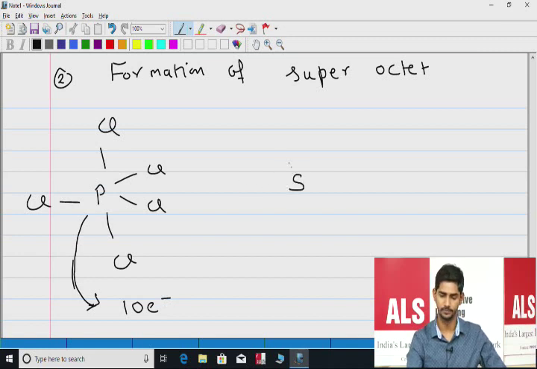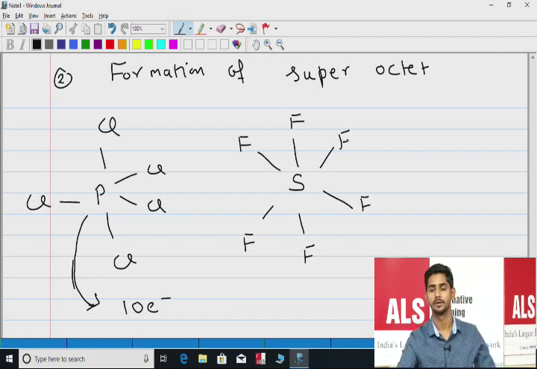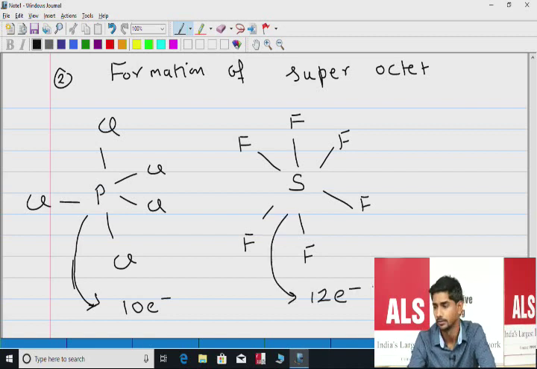Let's check out this one. Tell me, how many electrons does sulfur have in its valence shell? Yes, very good, 12. Again, the octet is exceeded over here, so according to this theory, it shouldn't exist. Let's check out this one.